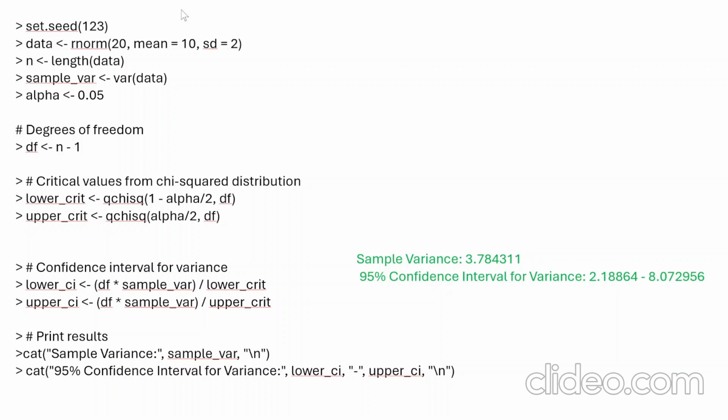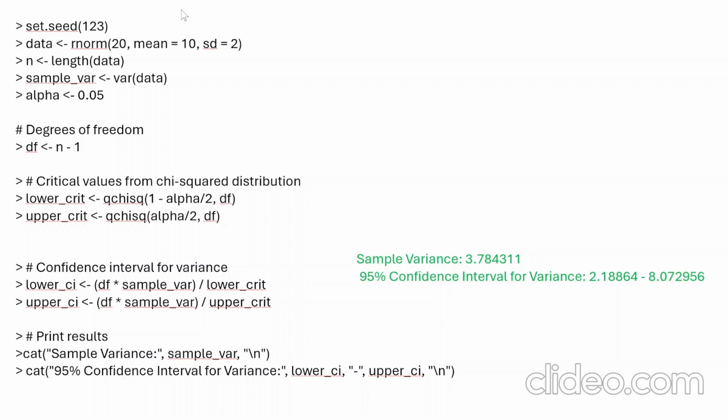Then alpha of 0.05 tells us that we are estimating for the 95% confidence interval. The degree of freedom df is n minus 1, because if you know n minus 1 characteristics, then the last characteristic can also be easily determined from this. That is the basic idea of it.